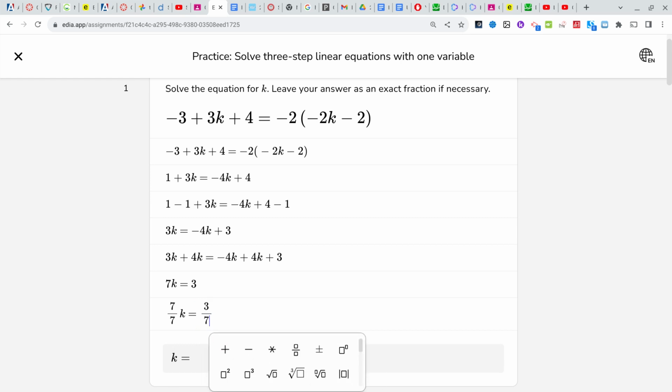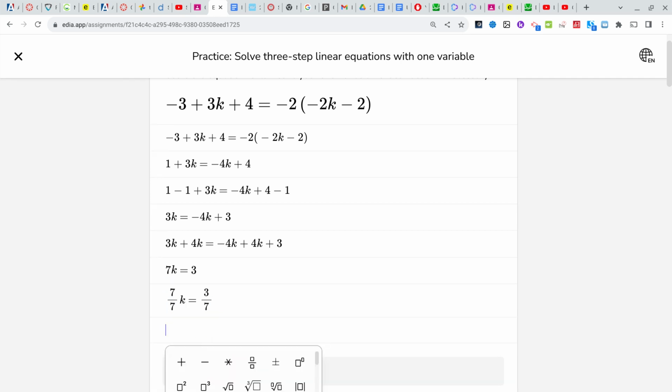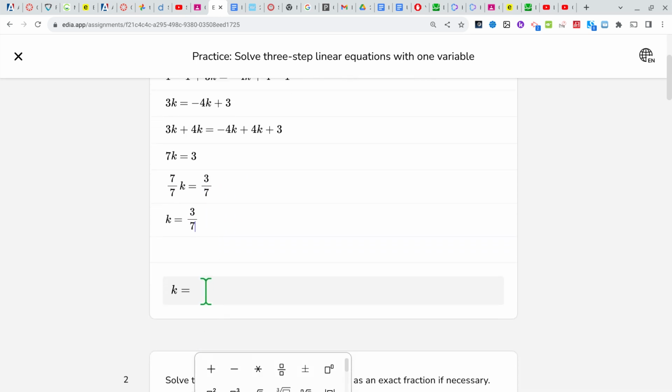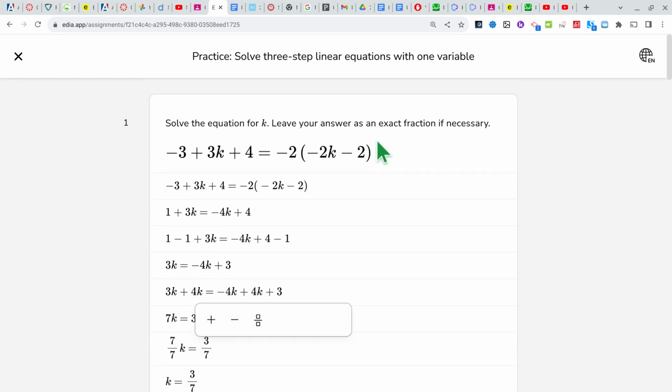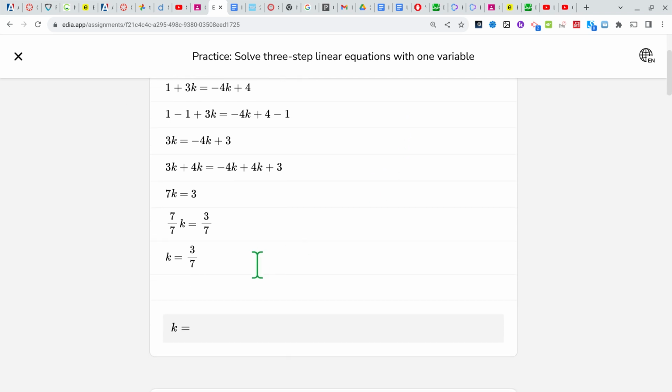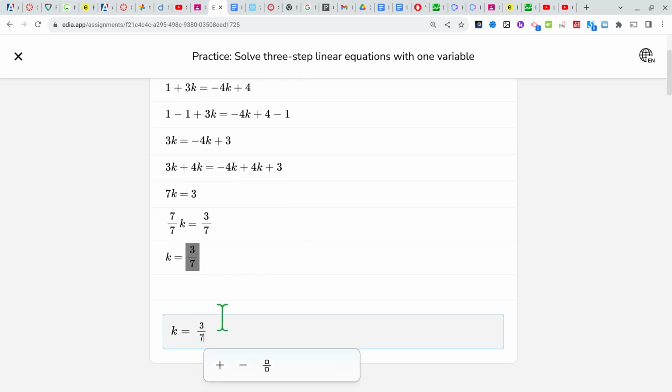So this turns into 1, and that's why we divided by 7, to turn it into 1. You have k equals 3 divided by 7. Now you could look at the decimal, but it says leave answer in exact fraction. It means leave it in a fraction. So 3 divided by 7, that's going to be the answer.